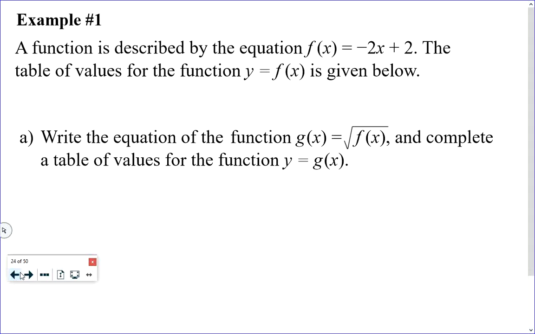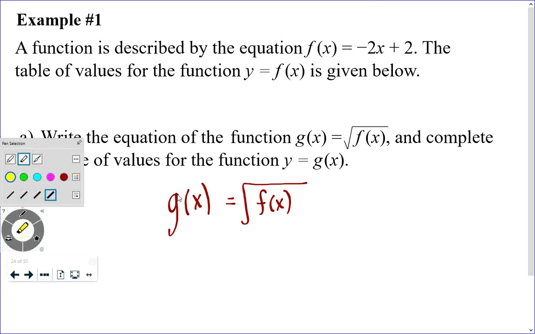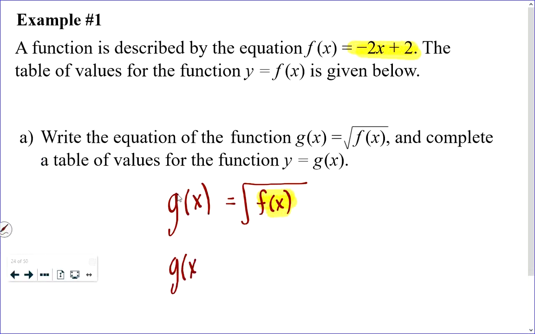Well, if g of x is root f of x, and f of x is negative 2x plus 2, then g of x is the square root of negative 2x plus 2, right?